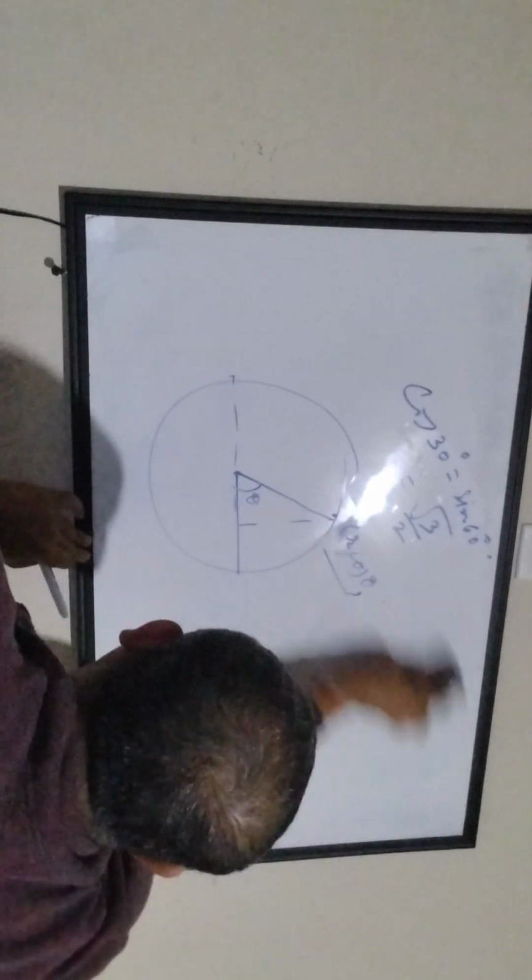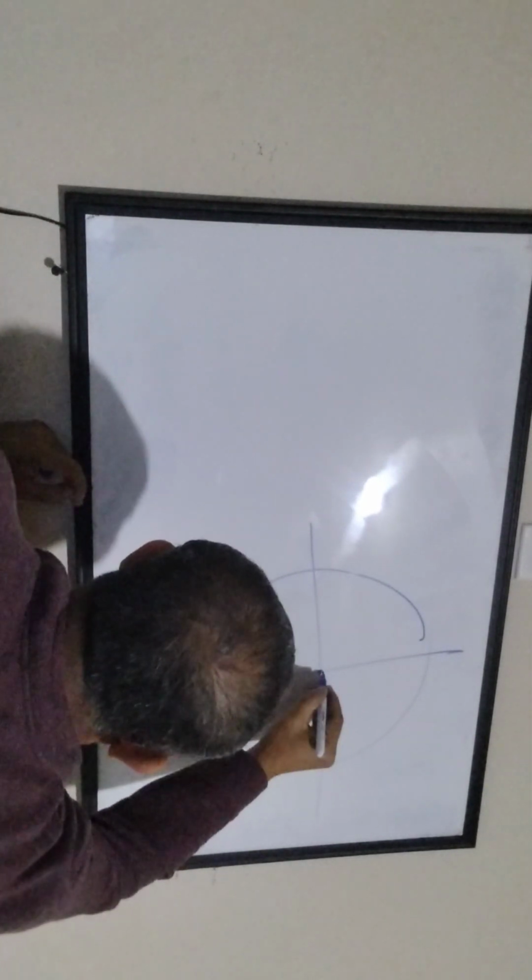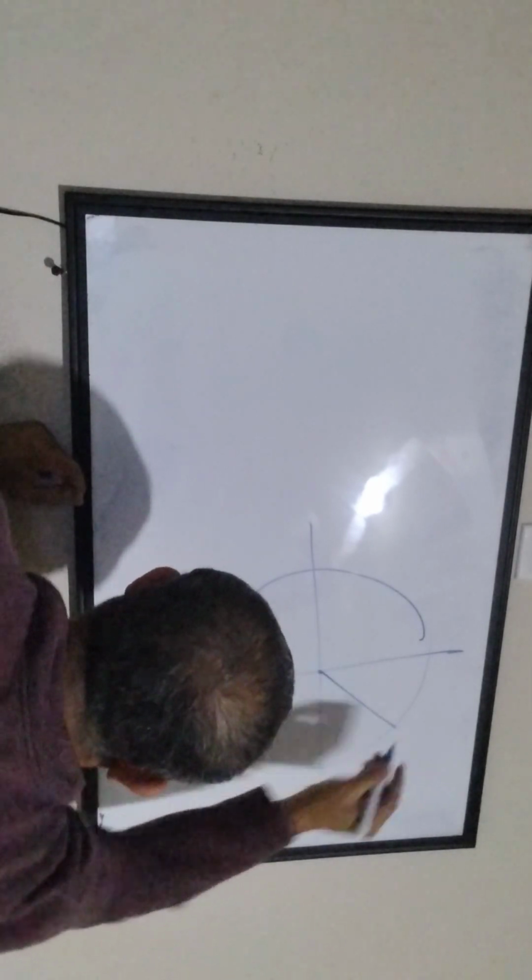As I have a really bad habit of repeating things, let's look at it one more time. This is your circle, and this is your x and y coordinate. This is your center. If I am saying this is 30 degrees, I am just picking a number where we know the value of the sine and cos theta.